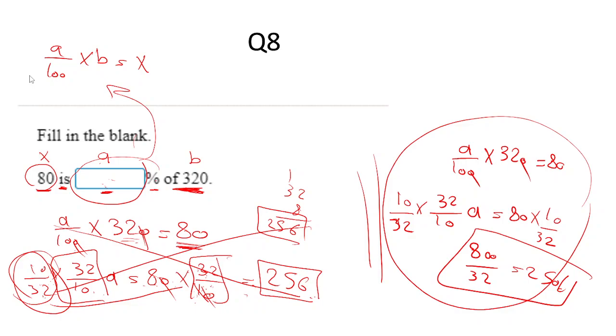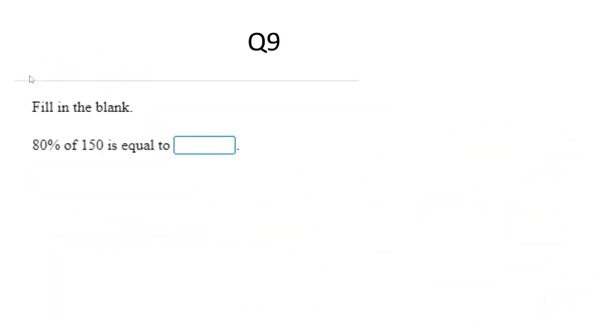Let's go to question number 9. Same thing, I have to say A over 100 multiplied by B equals X. 80% is A, of 150 is the full amount B. You need the value of 80% of 150.